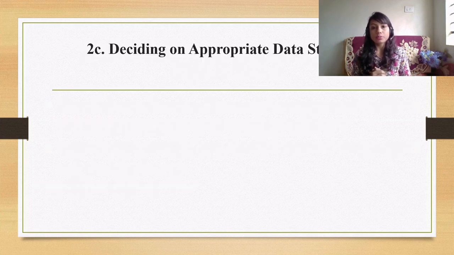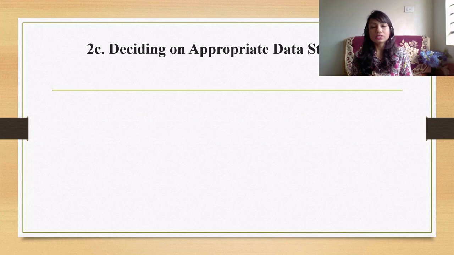Next thing in the second step is you have to decide on an appropriate data structure. Remember data structures? In third semester you had a subject called data structures. Any idea what a data structure is? Why do we have so many data structures? We learn so many, like linear and non-linear. In linear you studied arrays, stacks, queues, and in non-linear, trees.